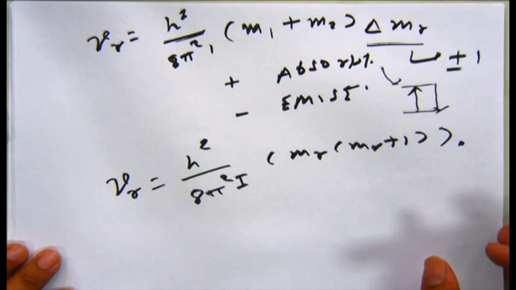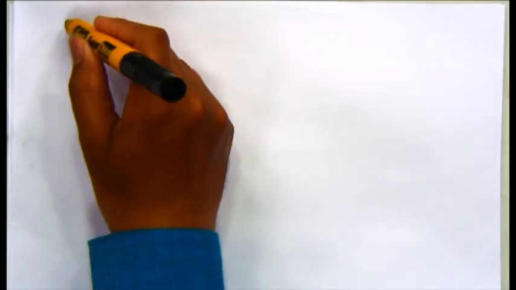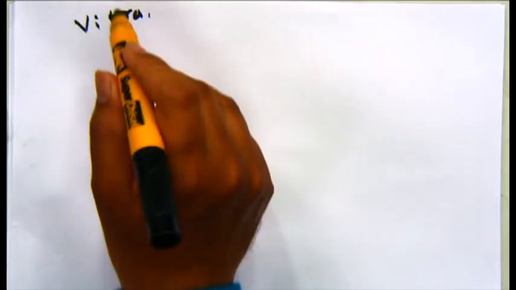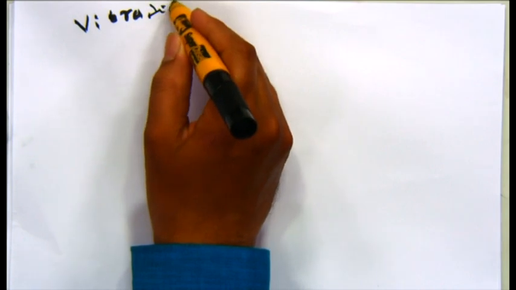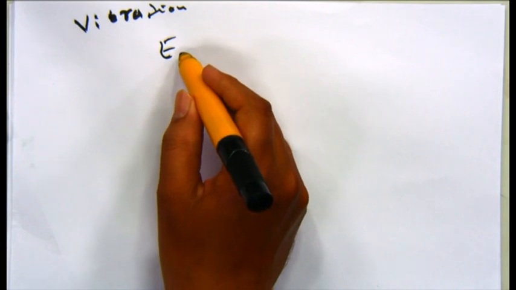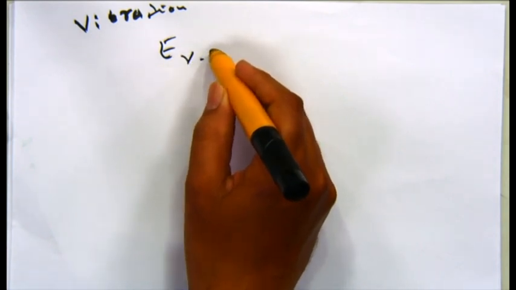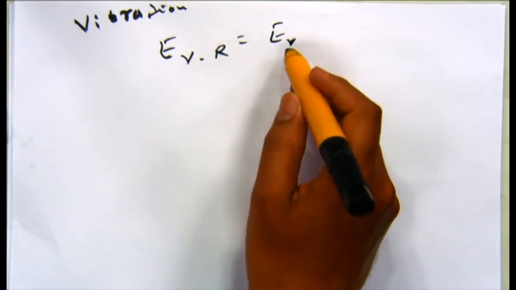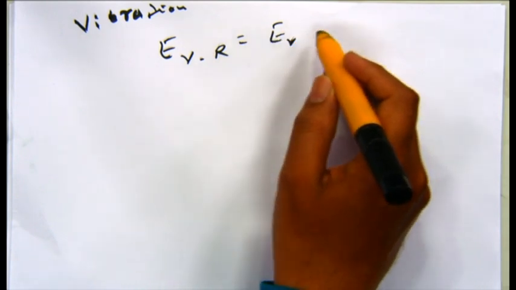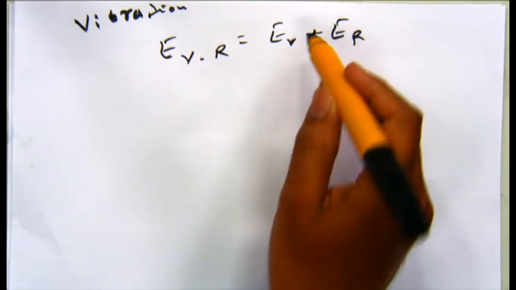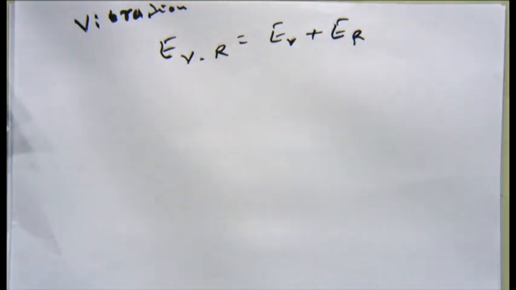Further, if we see the energy associated with vibration as well as rotation, it is the sum of the vibrational energy, represented by EV, and the rotational energy, represented by ER, and the sum of the vibrational and rotational energy is EVR.